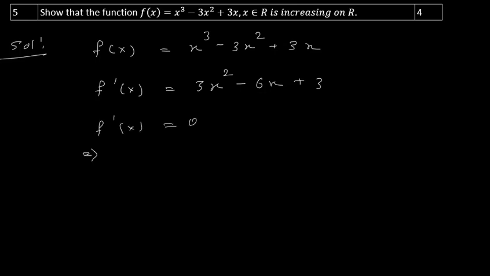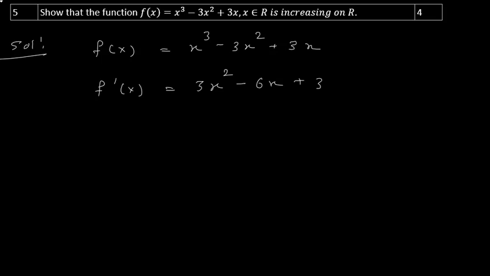So this gives you 3x square minus 6x plus 3. Acha, we have to show, actually here I will not find this f dash x. Why? Because the question is that I have to show that this is increasing on R. That means I have to show that the value of this function is always more than 0.